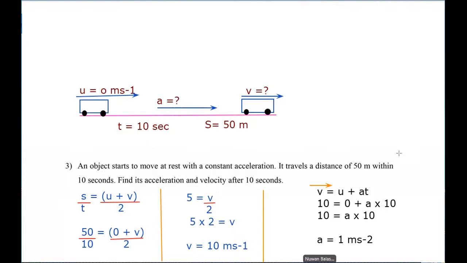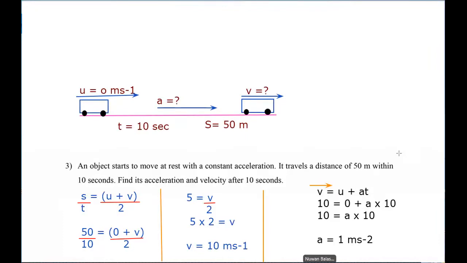Once we have the set of equations, we must use them to solve problems. We never edit an equation. For example, we do not make A the subject and then substitute the values. That will consume a lot of time.